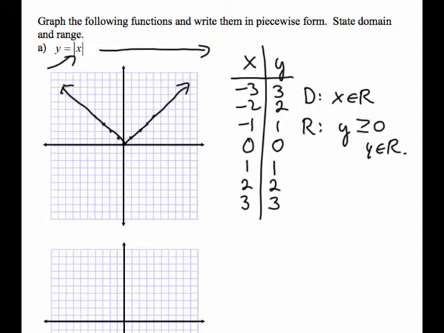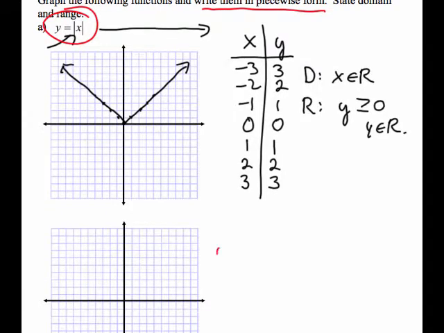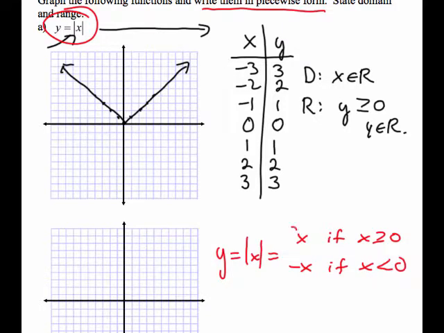Alright, now we're also asked here to write this function in piecewise form. Well, this is what we just talked about a few minutes ago. y is the absolute value of x is x if x is greater than or equal to 0, or negative x if x is less than or equal to 0. Okay? This is what I call my piecewise function.